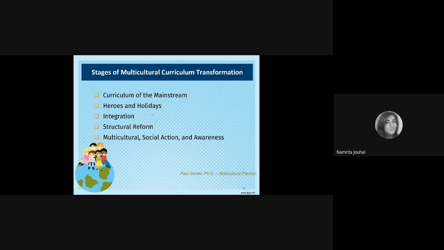It could be in essay writing, reading time, or role plays, integrating everything that way. Then the structural reform of the school should be made properly, and the social action awareness should be in. As a school, you should ensure every culture's awareness is there, and the multicultural environment or curriculum is well embedded.